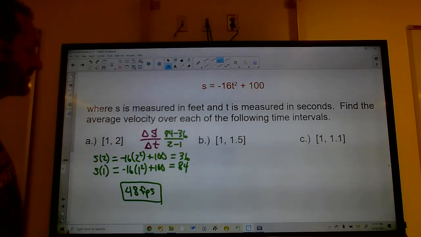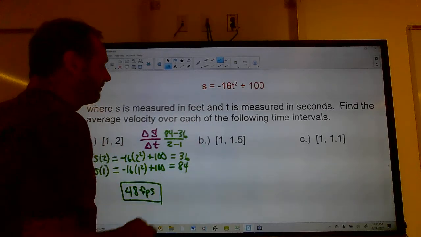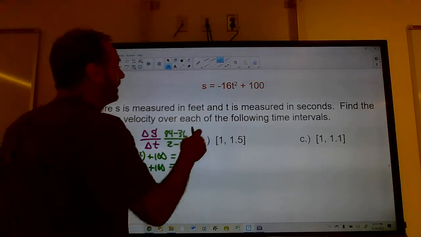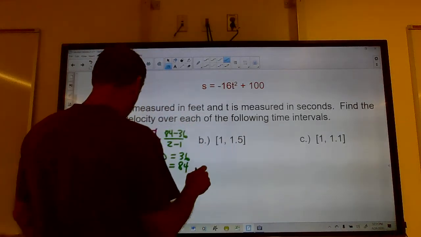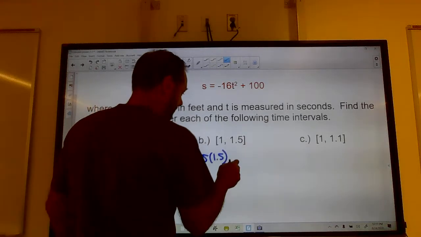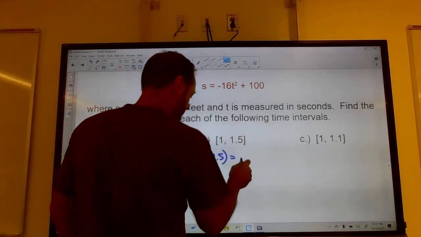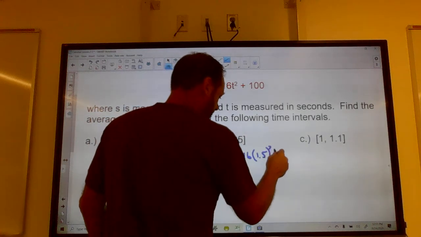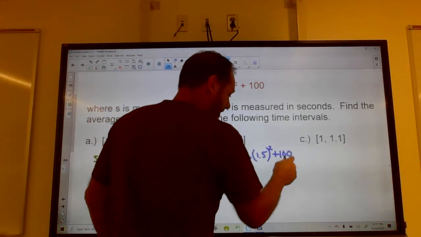Okay, now I could do the same thing here from 1 to 1.5 seconds. I don't have to do the 1 again because it's already done, but I can do s of 1.5. That's going to be negative 16 times 1.5 squared plus 100.